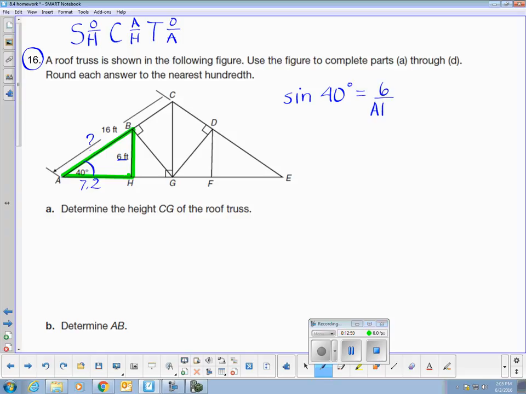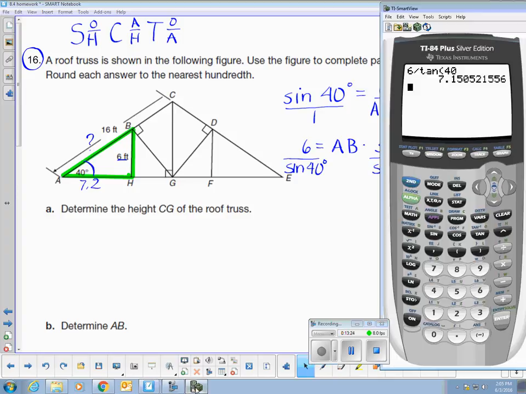We're going to call that segment AB. We get about 9.3.